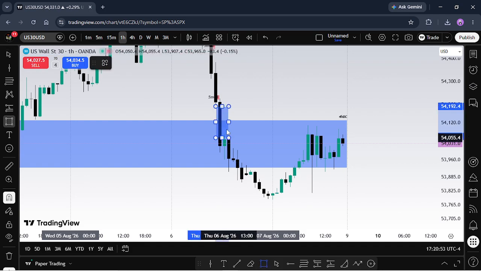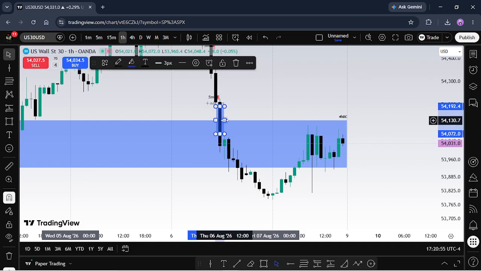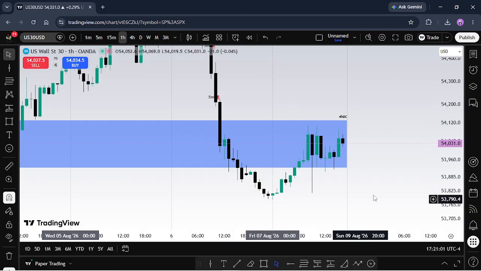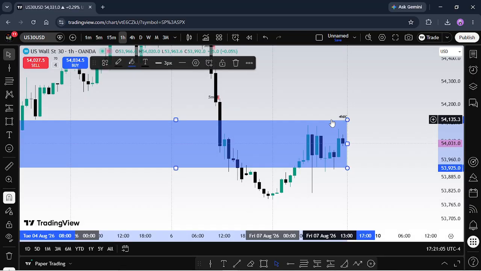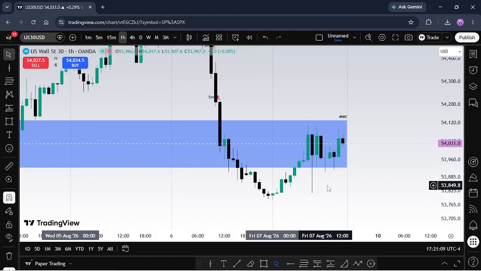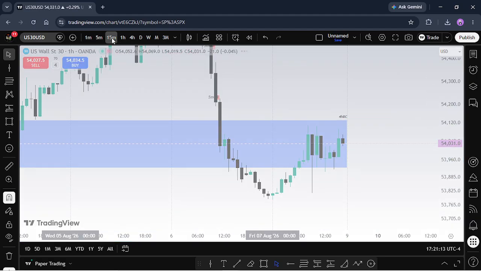This is a 1 hour level. But it's not very important because price is still in the 4 hour level. And I take this, mark the midpoint, middle range of the level. Alright, let's go on the 15 minutes. I'm gonna focus on Friday only, because I only have like 30 minutes before the new day starts.